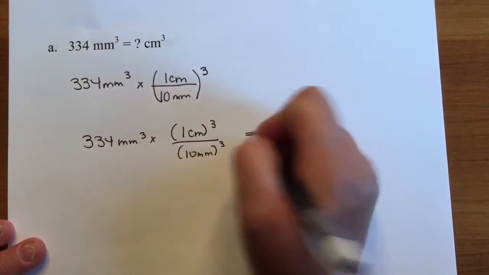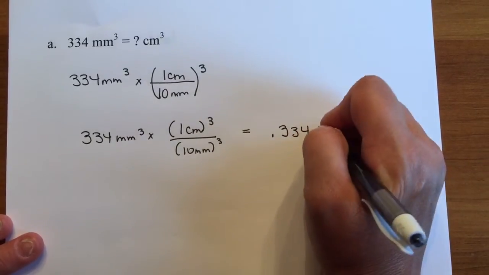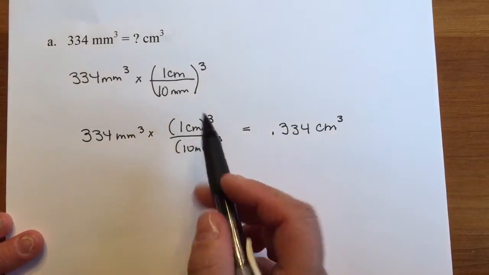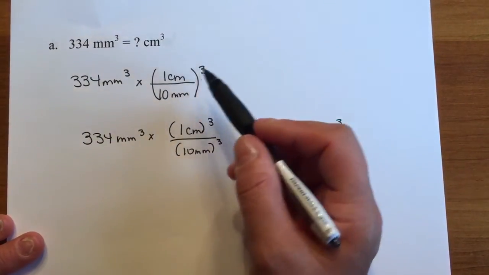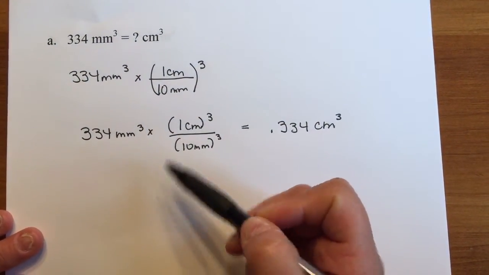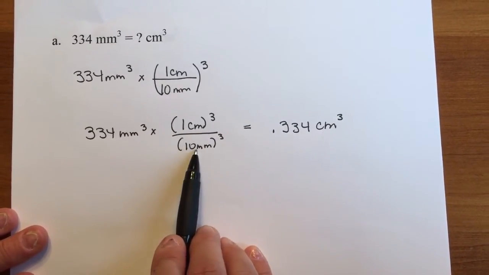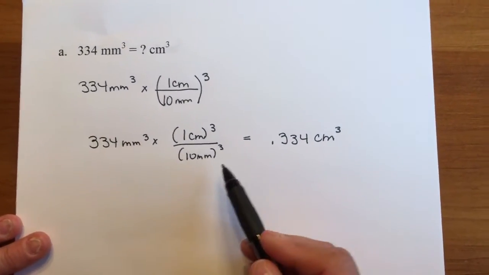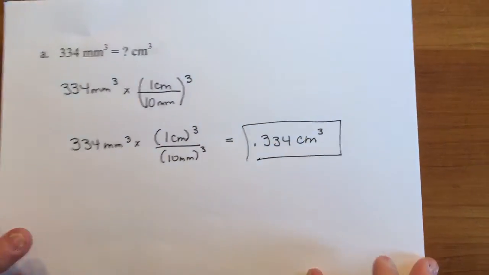And what we wind up with is 0.334 centimeters cubed. In order to convert cubically, we have to cube both the top and the bottom. When you cube the bottom, you're dividing by 1,000 versus just 10, because it's the length times the width times the height. So that's the answer for the first one.